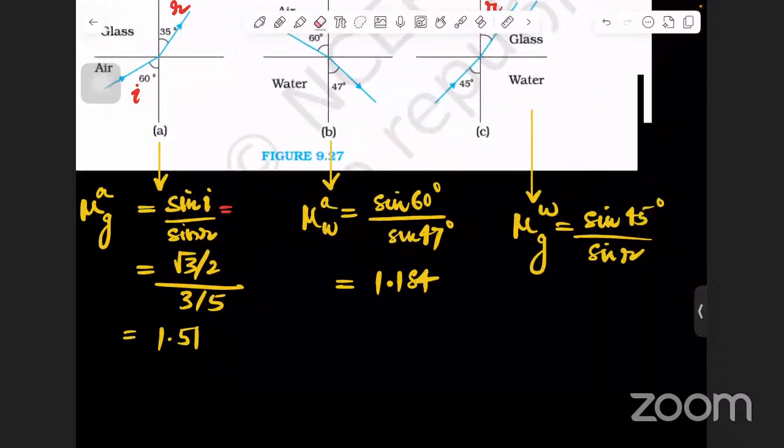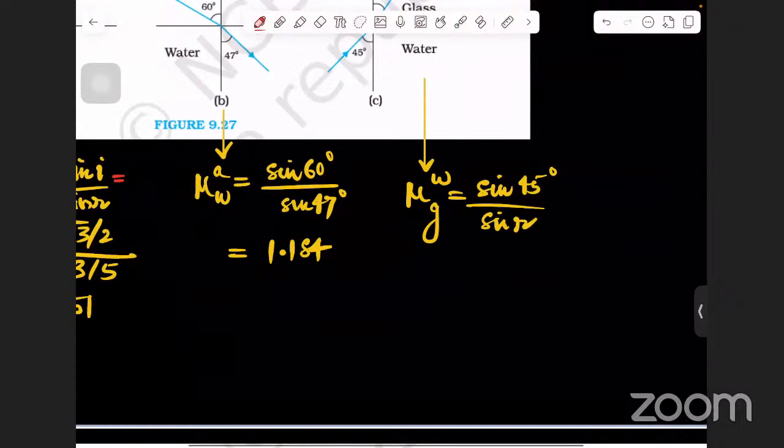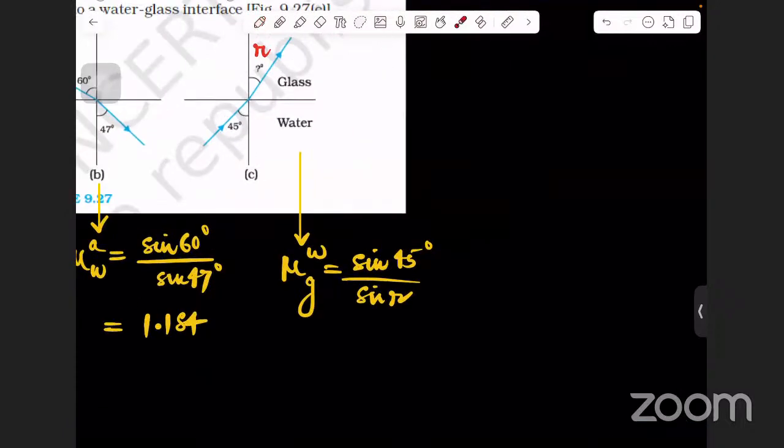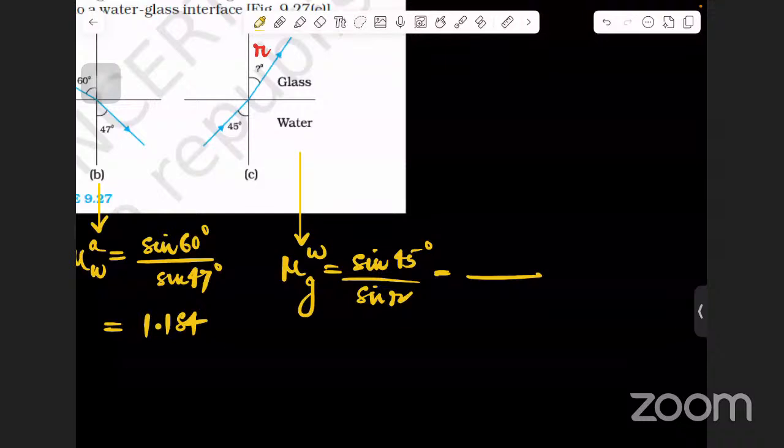Okay. So now let's apply that same thing here. We have 45 and R. So if I put here, this should be equal to, 45 is in the numerator, and 45 is the angle in the water. So here water will be in the denominator, right? Mu of water, and here will be mu of glass, right?